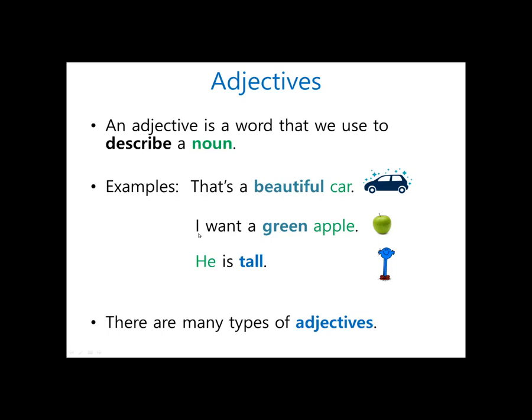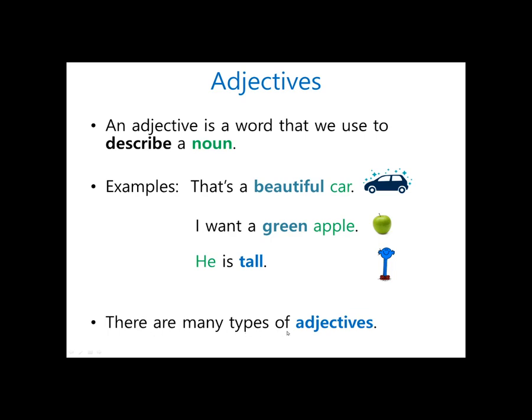Okay, underneath, I want a green apple. So green is describing the apple. Okay, a green apple. He is tall. So we're describing him as tall. He, as the noun, is tall.